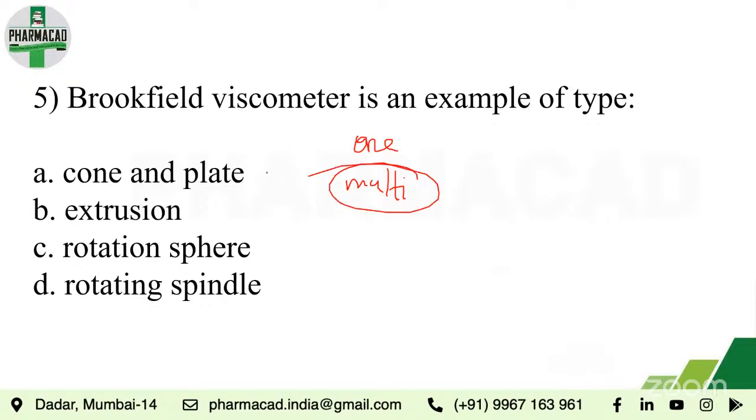Now tell me, as per its configuration, its structure, what kind of viscometer is it? What does it look like? Rotating spindle. Very good. It's a rotating spindle kind of a thing.